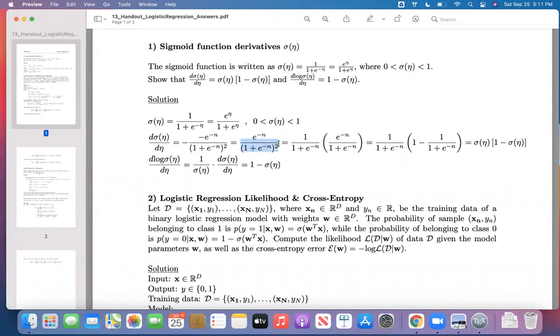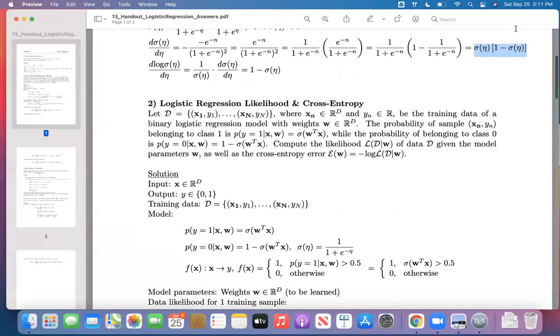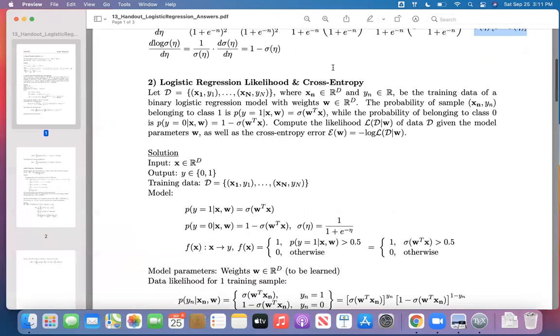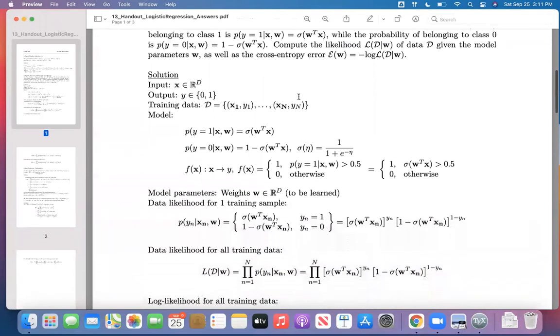Now, if we keep analyzing this expression, what we can do is bring this term, which corresponds to sigma of n, on one side of the expression, and this other term on the other side of the expression. But what we can see is that this term actually corresponds to 1 minus sigma of n. Therefore, the first order derivative of sigma of n with respect to n is equal to sigma of n times 1 minus sigma of n. So we're going to use this derivation in order to compute the first order derivative of the cross-entropy error.